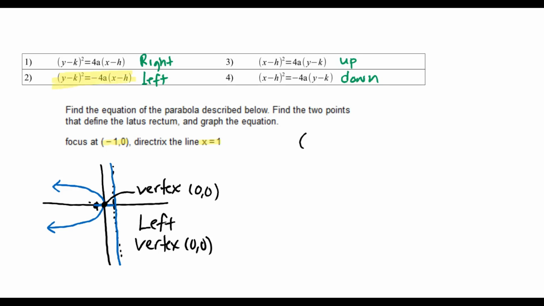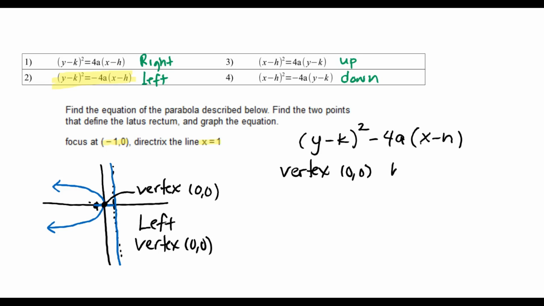So this helps me know which equation template to start from. So we're going to start with (y minus k) squared equals -4a times (x minus h). And we know that because the vertex is 0, 0, h equals 0 and k equals 0. And a is the distance between the vertex and the focus, and that distance is 1.